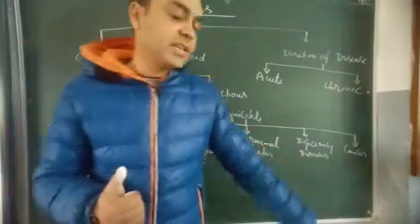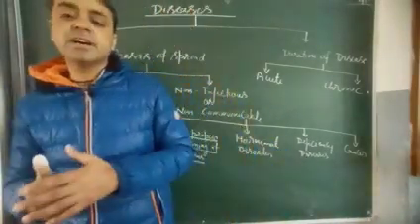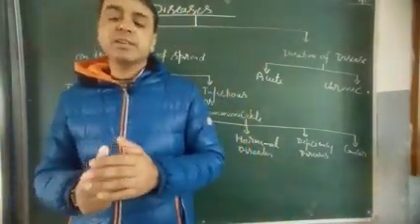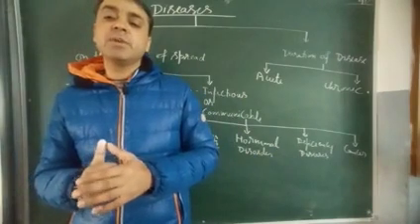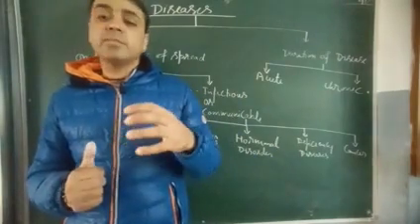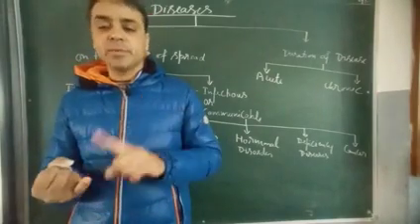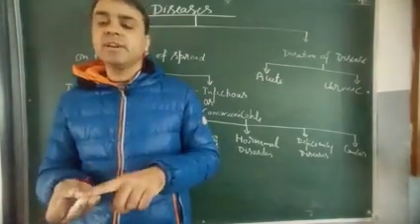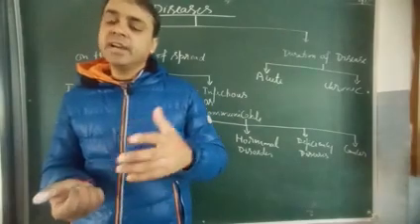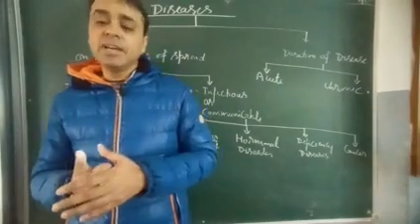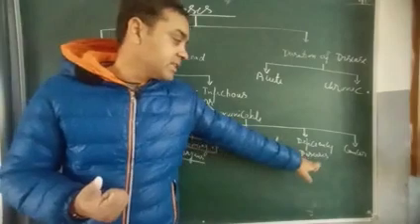Then deficiency diseases. Deficiency diseases are caused by the deficiency of particular minerals in our food. If we do not get the proper amount of protein, fat, vitamins, minerals or any other nutrient in our food, then we will suffer from a deficiency disease.